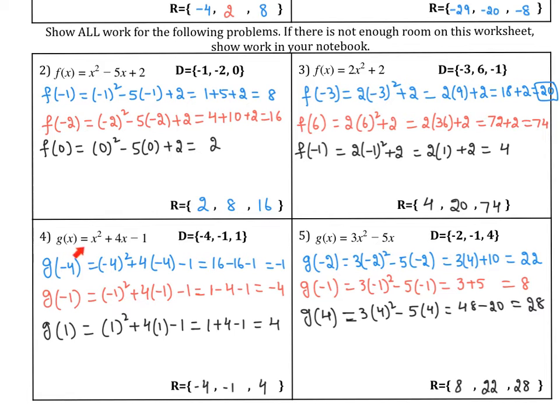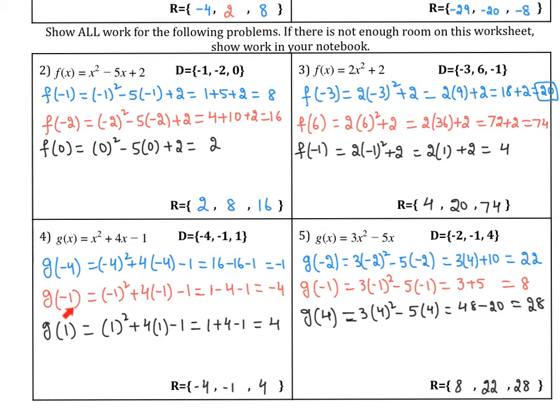For number 4, negative 4 for x value. So you plug it in for x value, and then you're going to get negative 4 squared plus 4 times negative 4 minus 1. So negative 4 squared is 16, positive 16, because negative 4 squared will turn into positive 16. 16 minus 16 cancel, and you're going to get negative 1 as your answer.